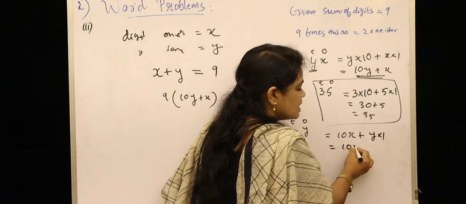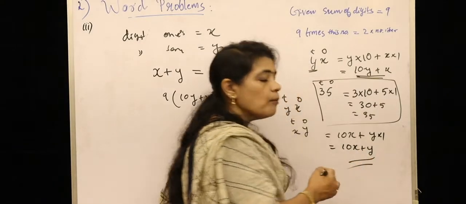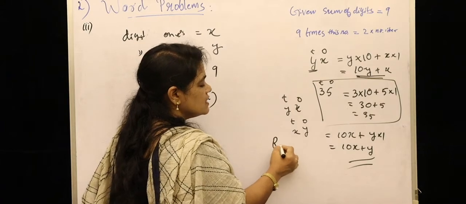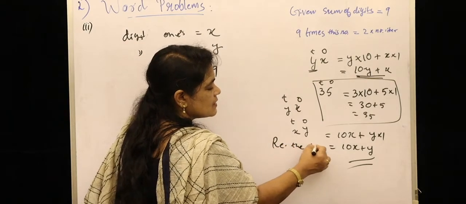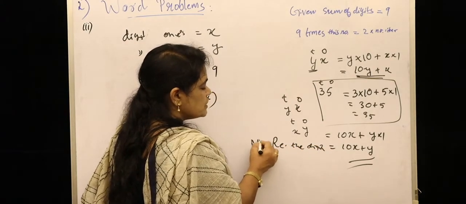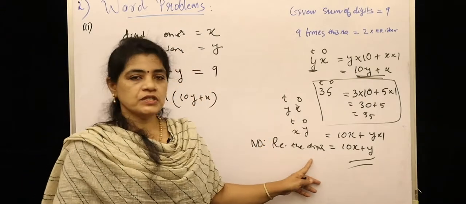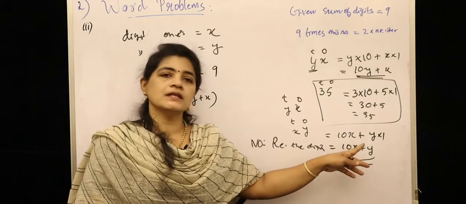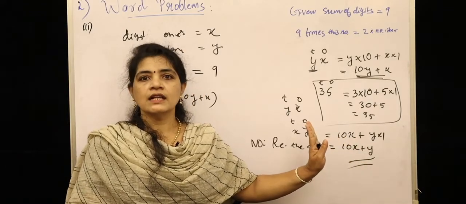So it is 10x plus y. This is the number we obtained after reversing the digits. That point is clear?